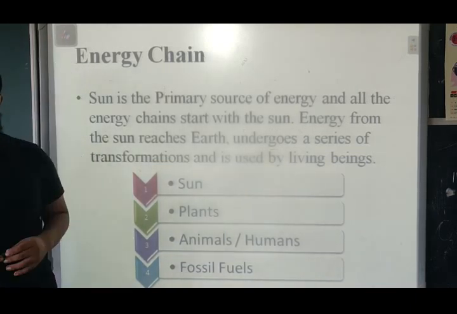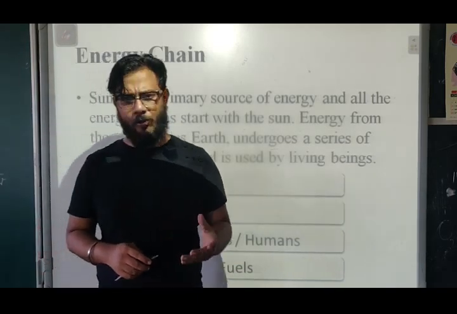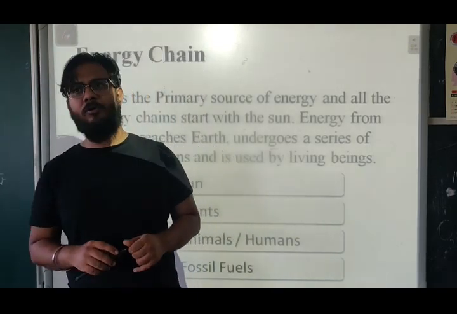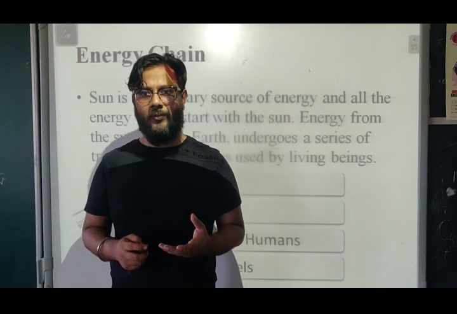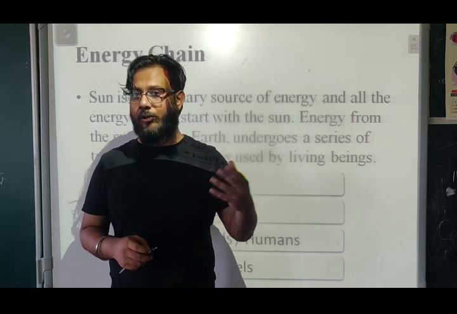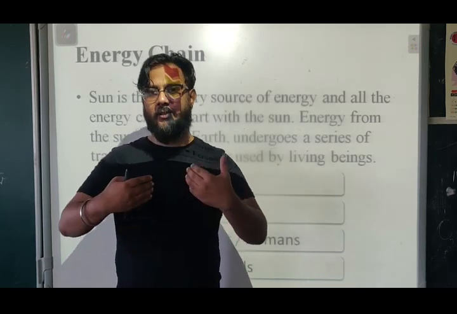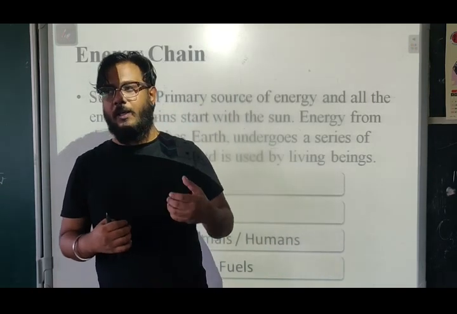Next, the energy chain. What it really means. In the previous chapter, we talked about autotrophs and heterotrophs. Autotrophs create food. Heterotrophs rely on autotrophs for food, for example animals.